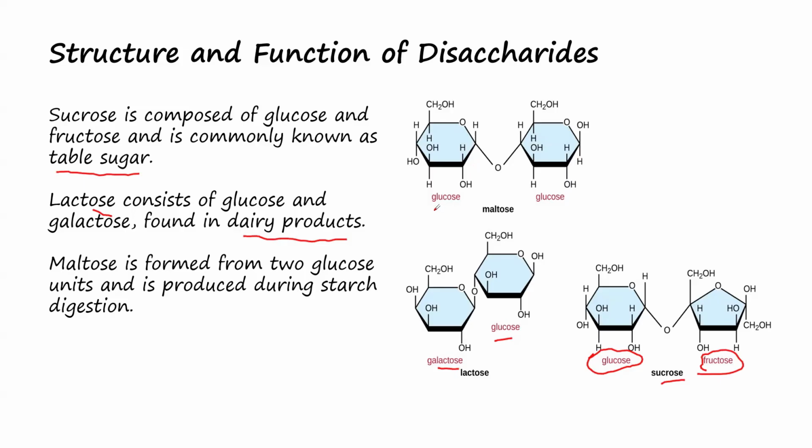When glucose and glucose join together, they produce maltose, and it is produced during starch digestion. So these are the three most common examples of disaccharides found in humans.